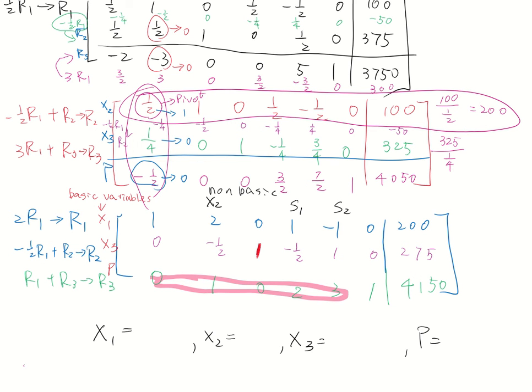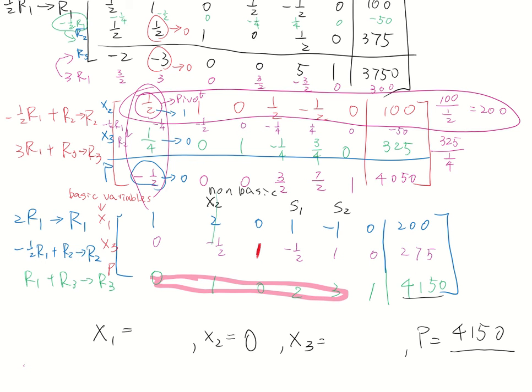So we do have a maximum p-value. That is 4,150 coming from here. Since x2 is a non-basic variable, the value of that is 0. And x1 and x3 are basic variables.